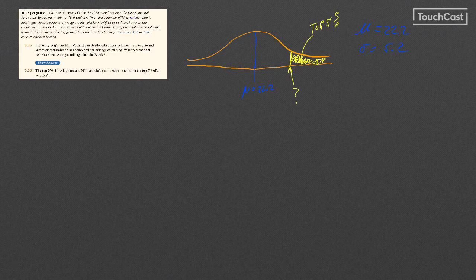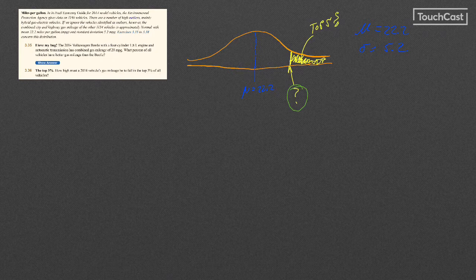Now, we don't have a z-score. We don't have the means to calculate the z-score because we don't know what x is. So we can't figure out the z-score, but we do have a chart that we can look at to go in the backwards direction.